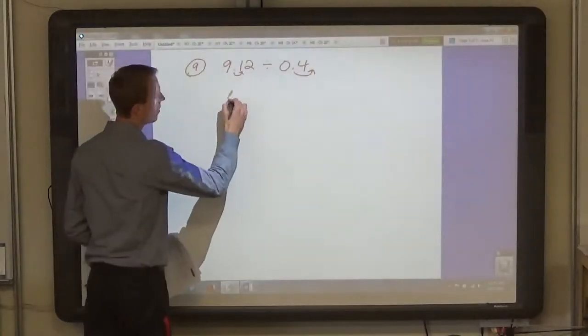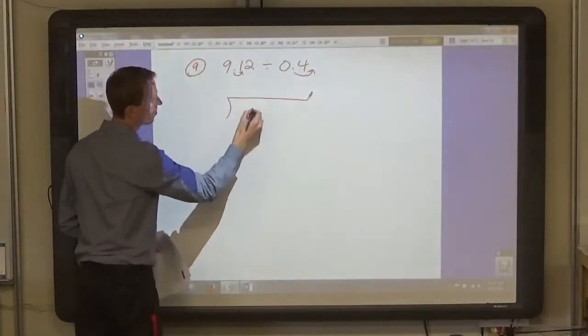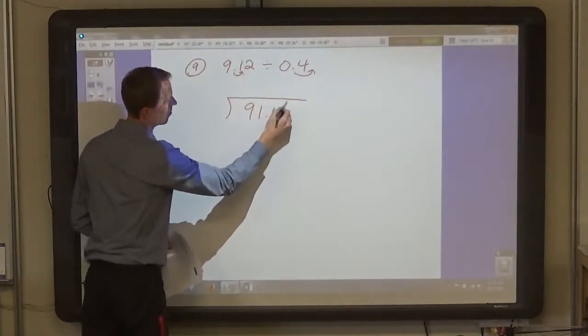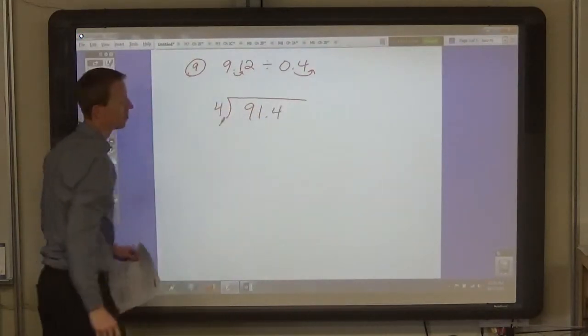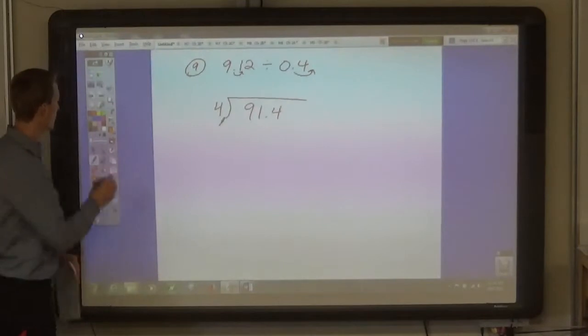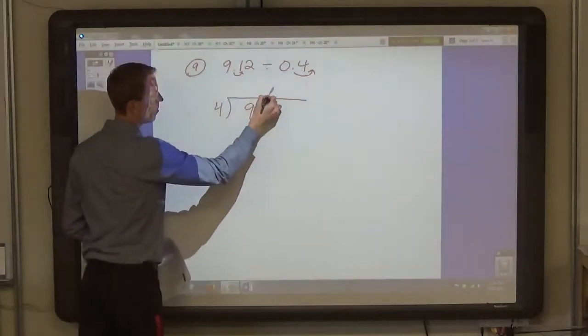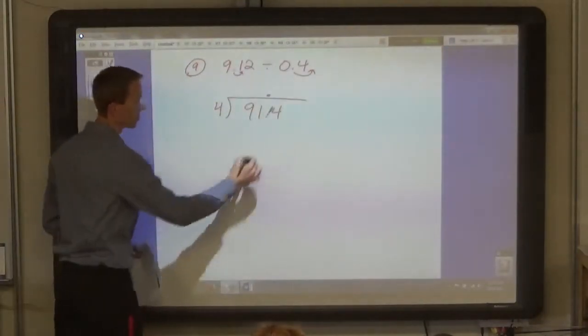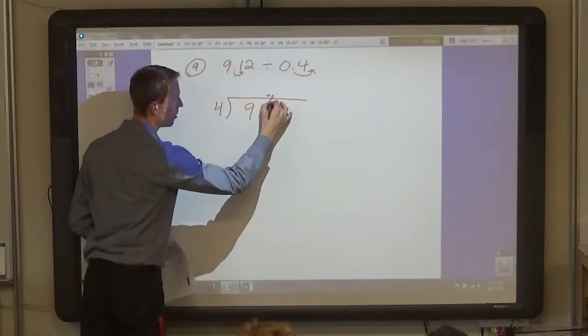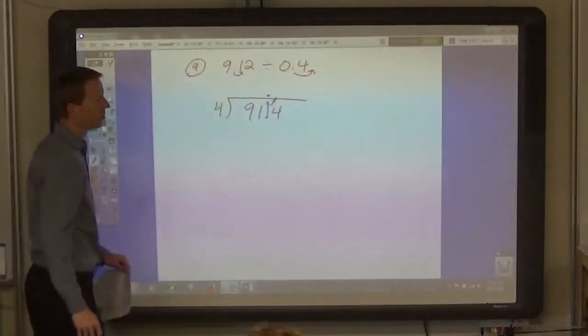And then rewrite it so that you can divide. Then, with the division, remember the decimal point goes straight up into the answer.